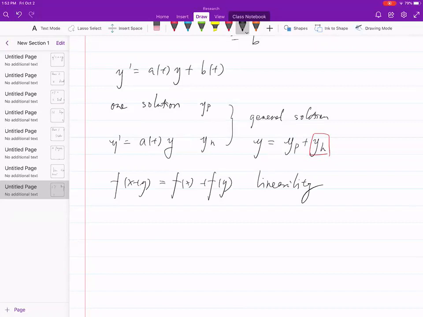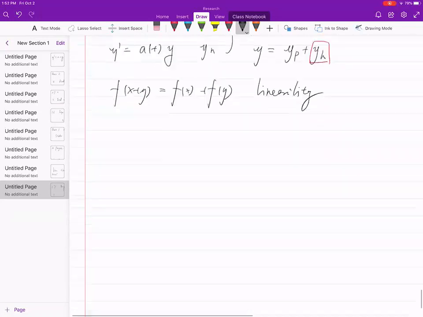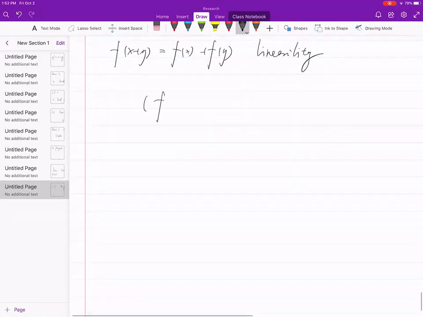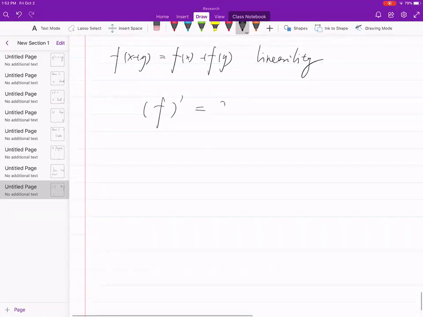Sounds good? Some quick examples to give you some idea. If you know f prime equals 2x, how do I solve that? Well, number one, I know f equals x squared. That's almost like my YP, a special solution. Good so far. Second, I do the homogeneous case. I set this one to be 0.